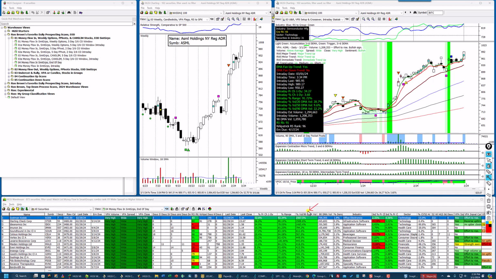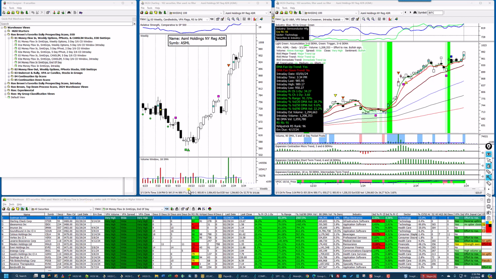They had to have volume over the 90 day volume percentage, and they had to be moving up. So this many stocks qualified for that yesterday.